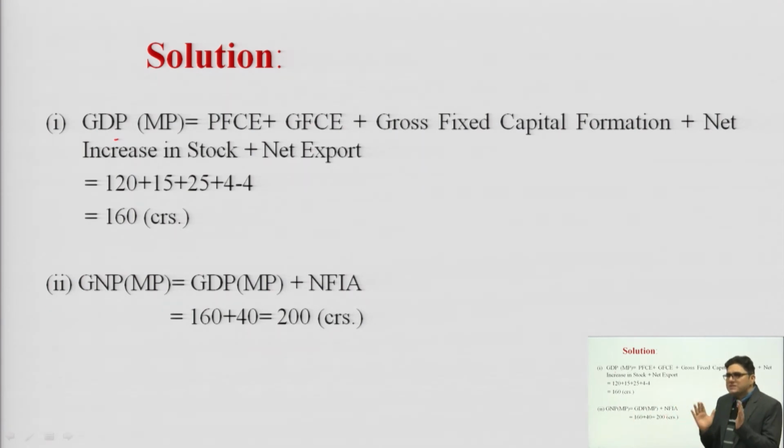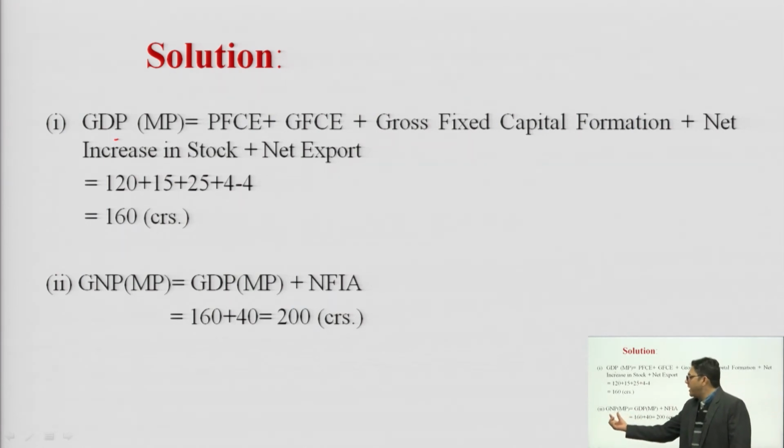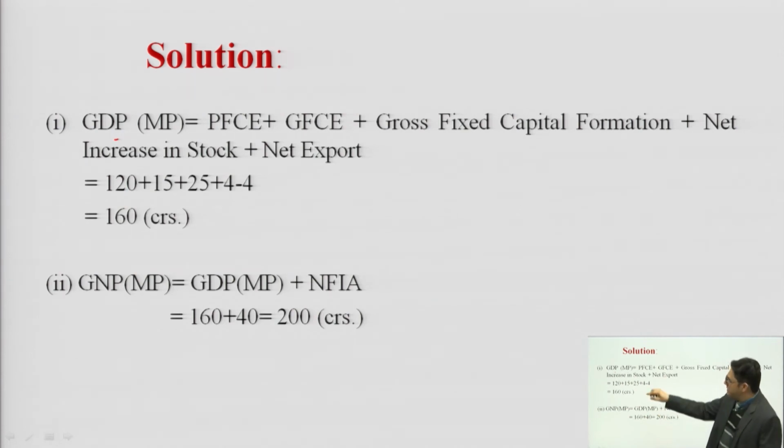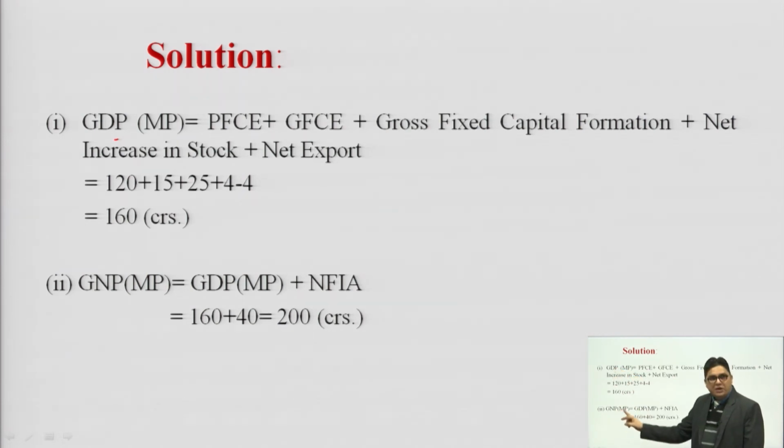So, we need to realize where we have to move from GDP at MP to what the question is demanding. The question is demanding GNP at MP. I mean to say we have to shift from domestic to national. The GDP is the same, MP is the same, the only difference is that here it is D and here it is N. It means we have to shift from domestic to national.